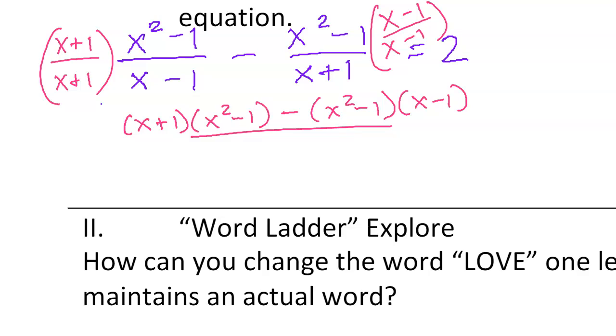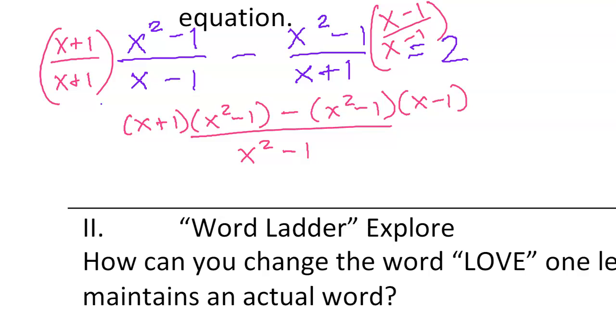The reason I'm doing this is because I recognize that both of the 2 terms in the numerator now have x squared minus 1. That might be useful in the future. Because looking at my denominator, this is actually the product of a difference of squares, right? If I multiply x plus 1 times x minus 1, it becomes x squared minus 1.